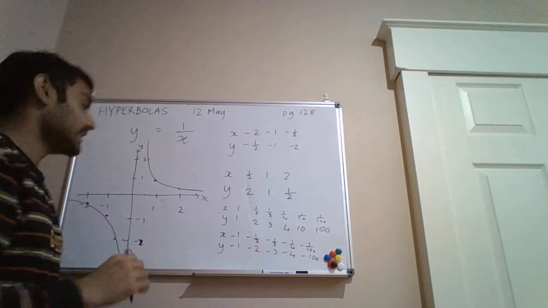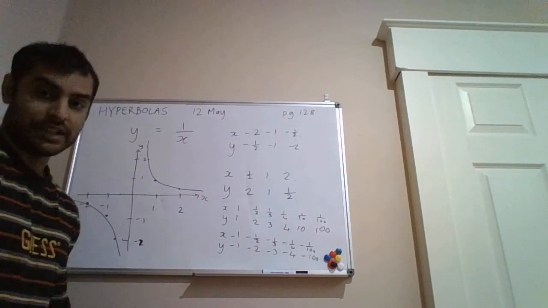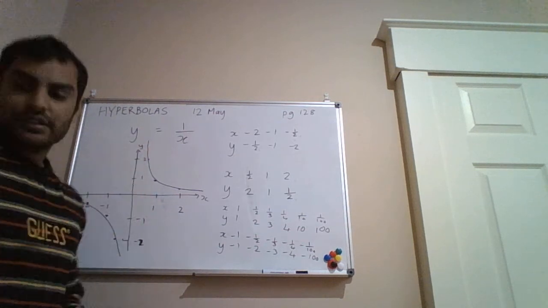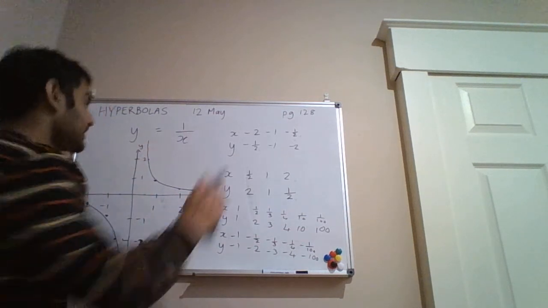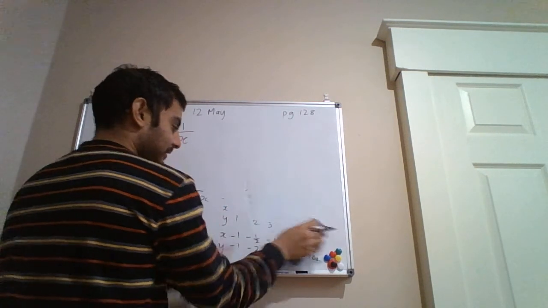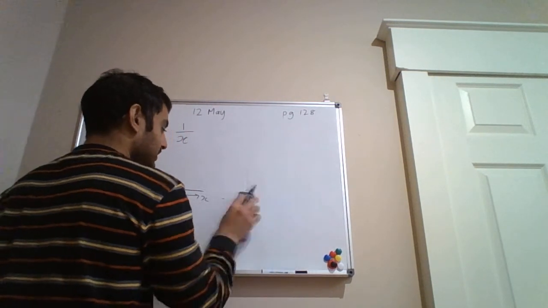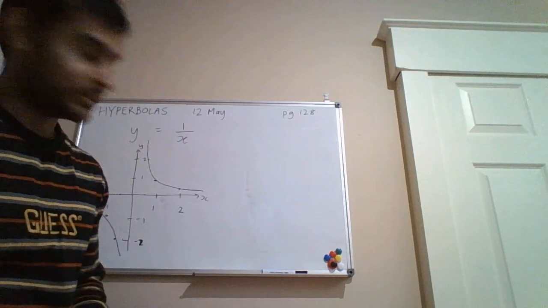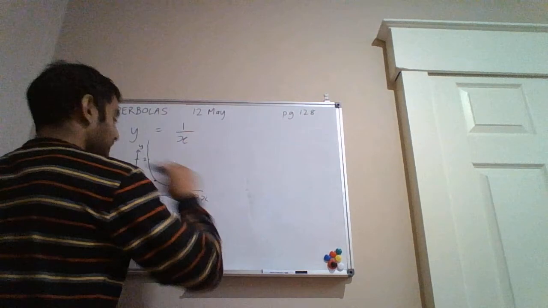The y value is getting closer and closer to 0, but never quite reaching it. So we've described our vertical asymptote as the y-axis, and we've used some numbers to show this. Now let's look at the horizontal asymptote, the x-axis.